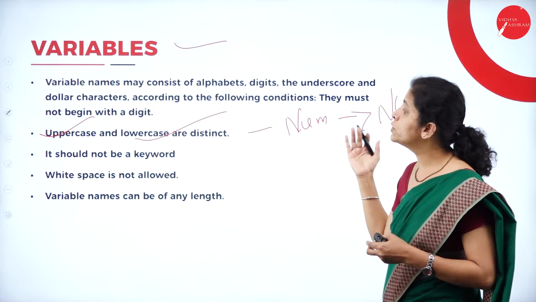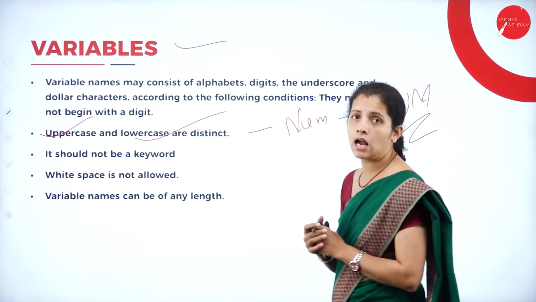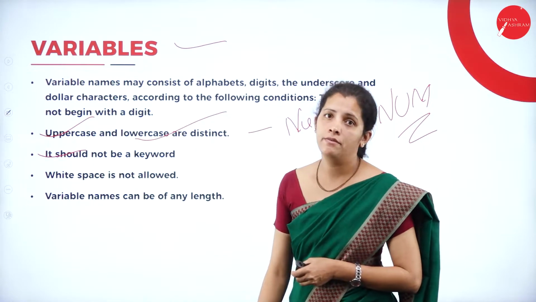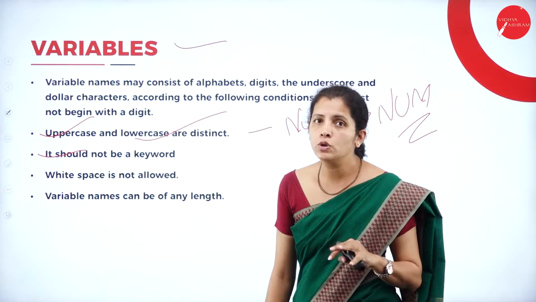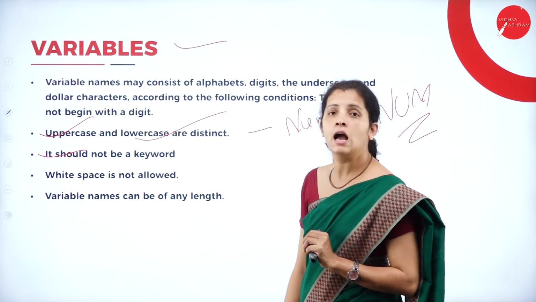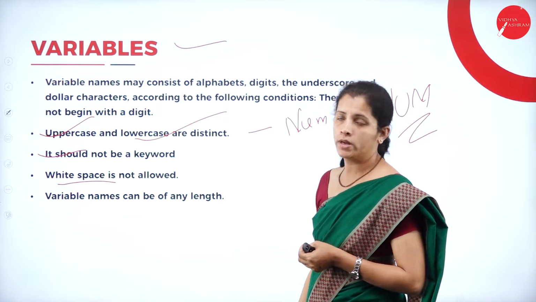That means it is going to treat uppercase letters as different from lowercase letters. It should not be a keyword. That means I cannot use a keyword to define variables, and no white spaces are allowed.